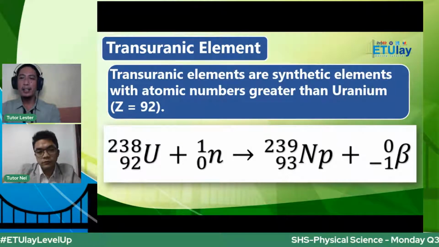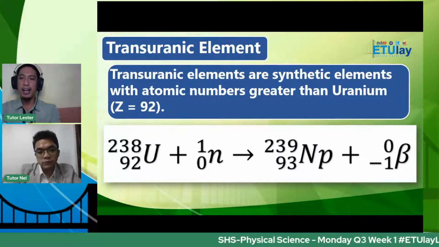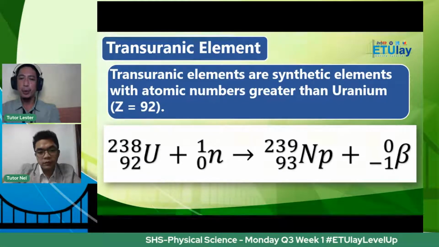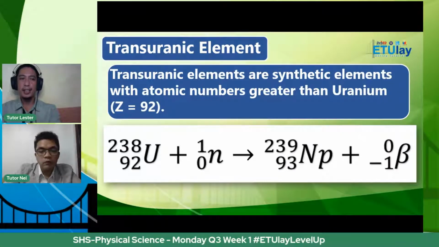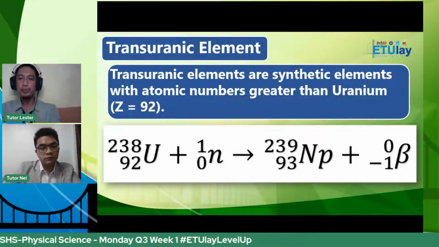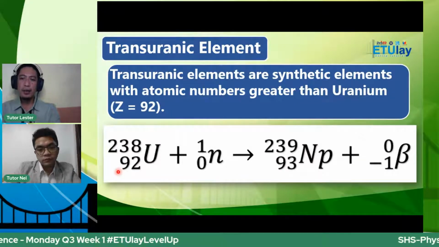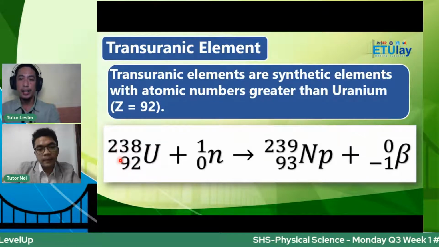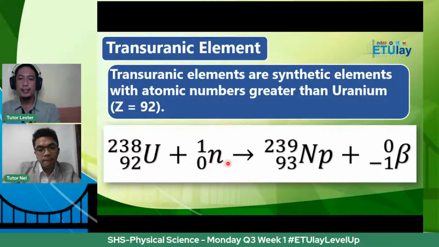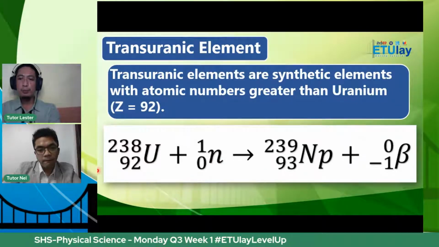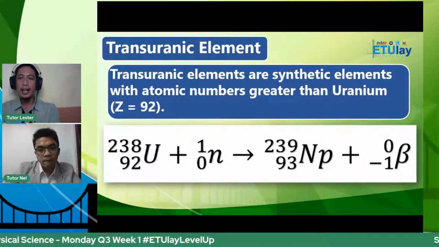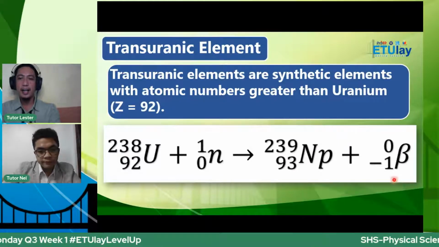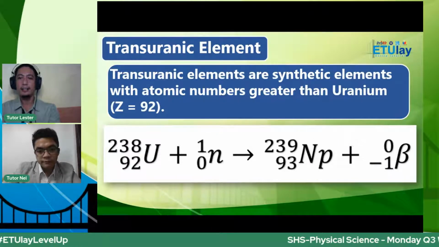Edwin Macmillan created a heavier element named neptunium, as shown in the equation. So the more abundant isotope of uranium, uranium-238, is bombarded with neutrons, synthesizing neptunium-239 with an electron as a byproduct.